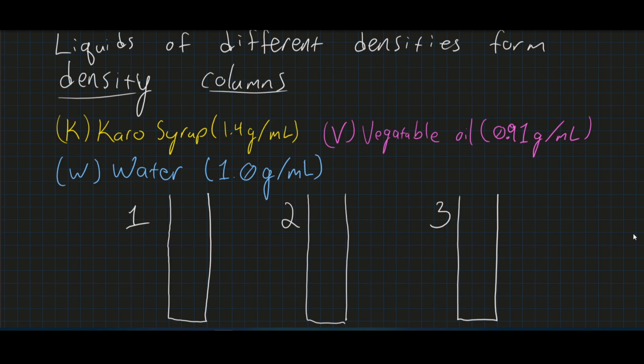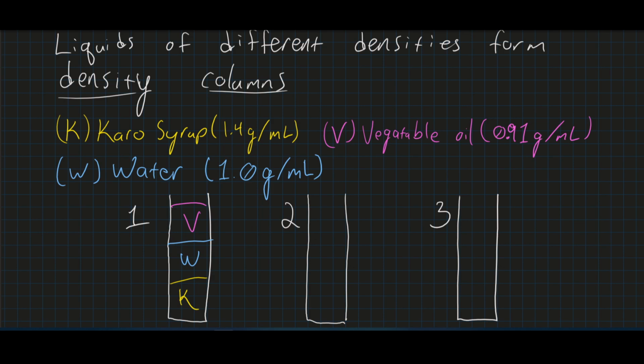We have in the first column Karo syrup on the bottom, and then we have water above it, and then above that we have vegetable oil.